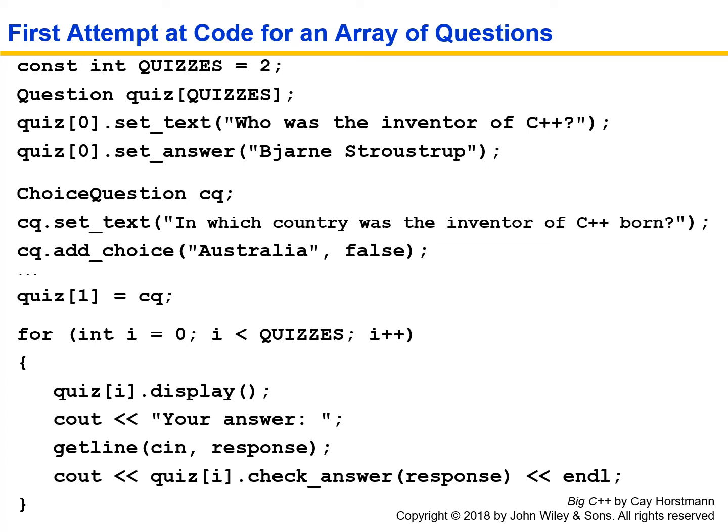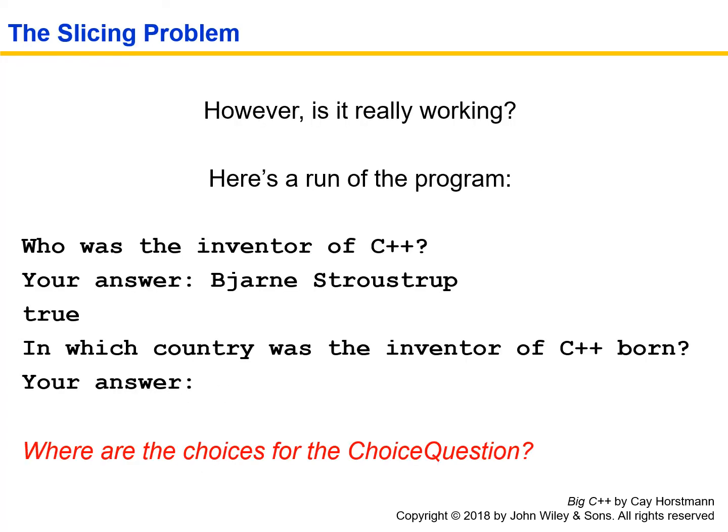So you create a new variable CQ, set the text, add the choice, and then quiz at 1 equals CQ. Then you loop through, call the display, take the answer, call check answer, and guess what? It doesn't work. It'll say in which country was the inventor of C++ born. It will not display the choices.